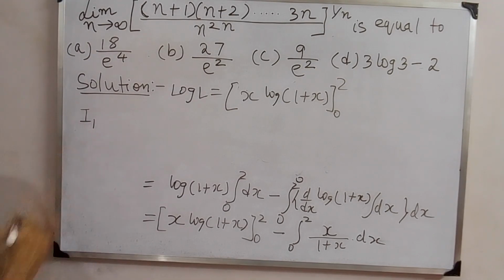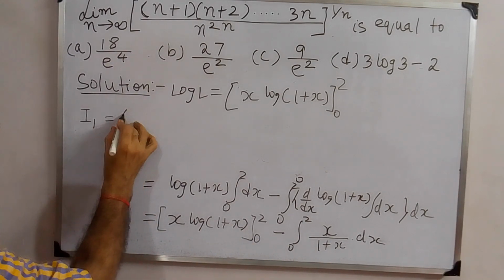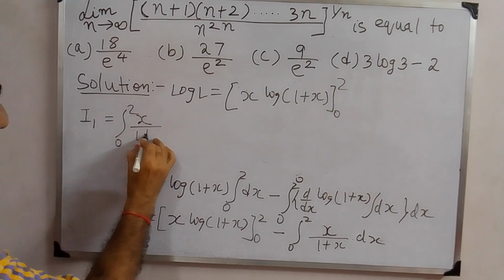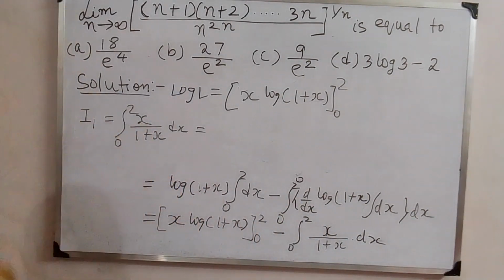Let this be I1. So I1 is the integral from 0 to 2 of x upon 1 plus x dx. I am integrating this separately.